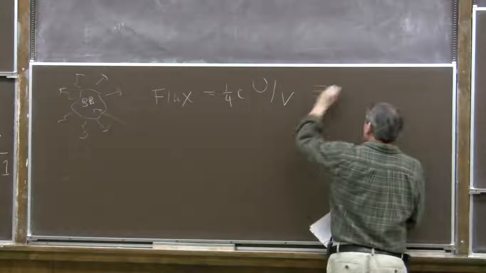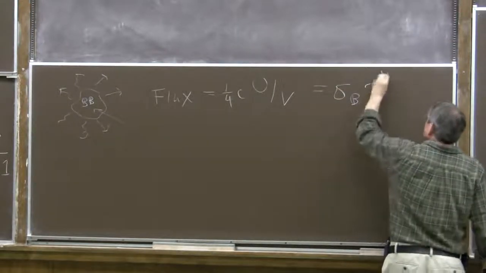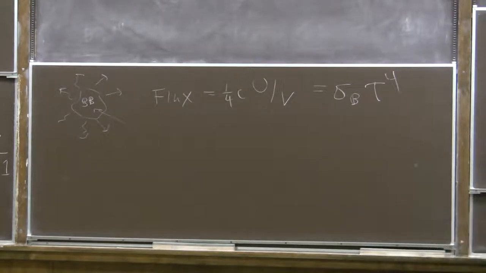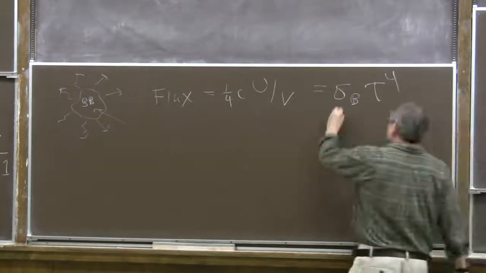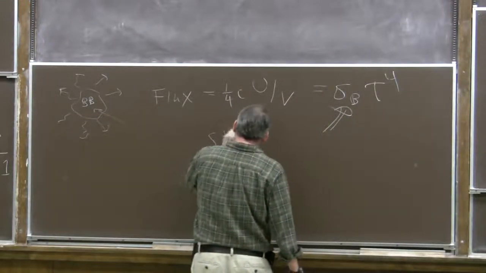So we can write that, defining a quantity sigma b, as sigma b times tau to the fourth. The energy per unit volume goes like tau to the fourth. Sigma b is called the Stefan-Boltzmann constant.